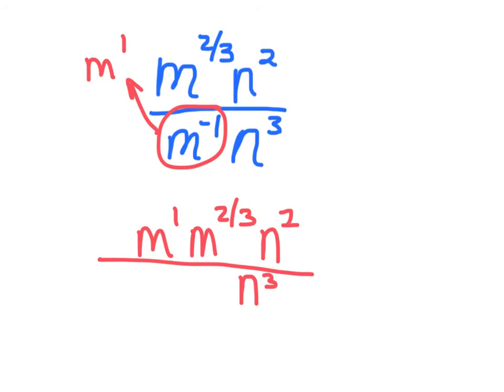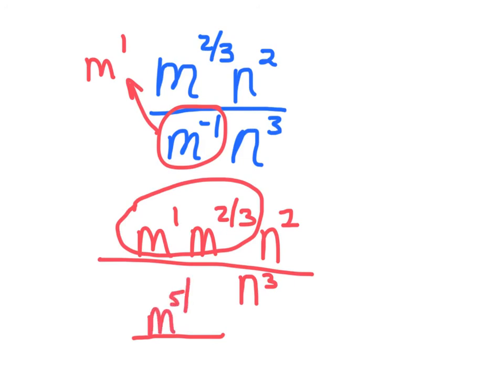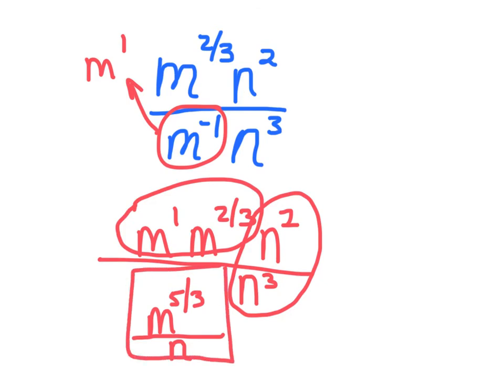So adding exponents, we have 1 plus 2/3, so that's 1 and 2/3, or 5/3. So we'll have m to the 5/3 in the numerator. For the n's, we have 2 n's on top, 3 n's on bottom, so the bottom wins by 1, or by n to the 1. So our final answer, m to the 5/3 over n.